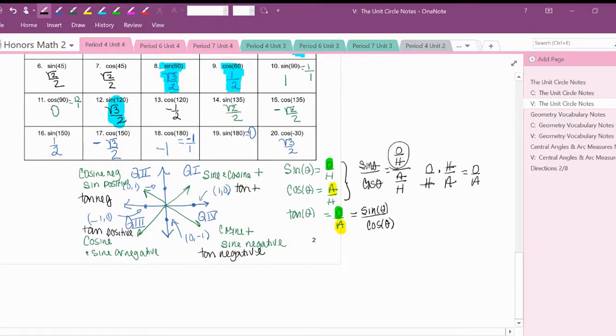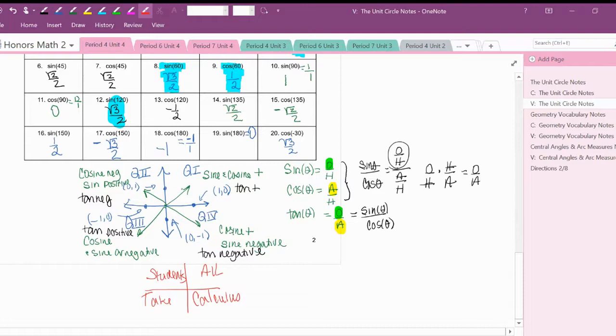And there's a really fun way to remember all of this. It is: All Students Take Calculus.